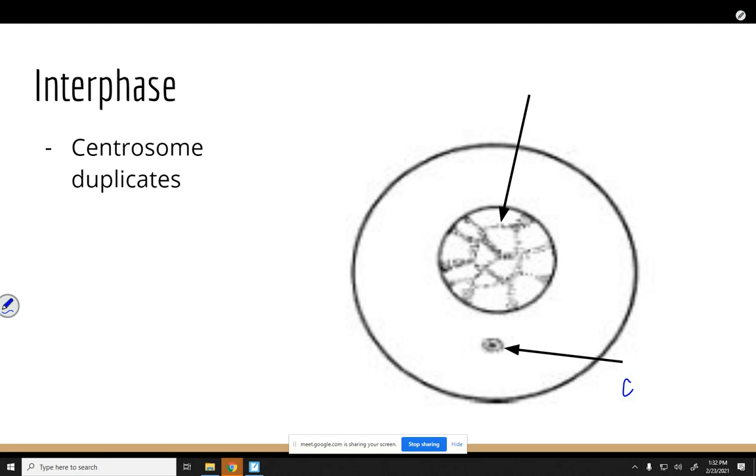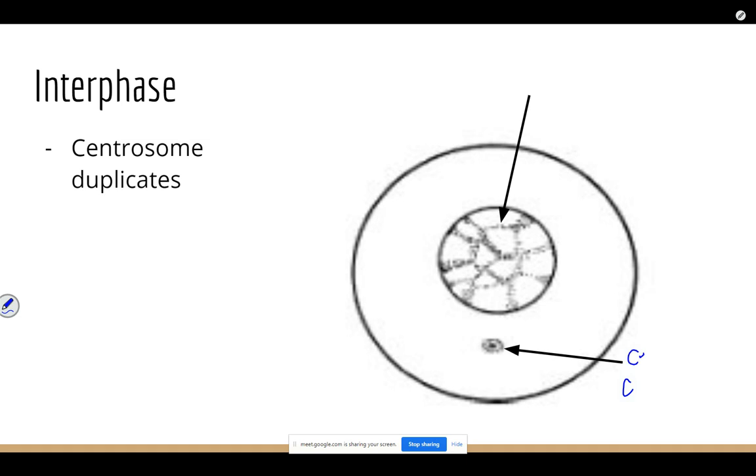So this region down here is called the centrosome. It's a region of the cytoplasm, an area within the cytoplasm that contains centrioles if this is an animal cell. And it also organizes some of the cytoskeleton. It organizes structures called microtubules that are important in this process.